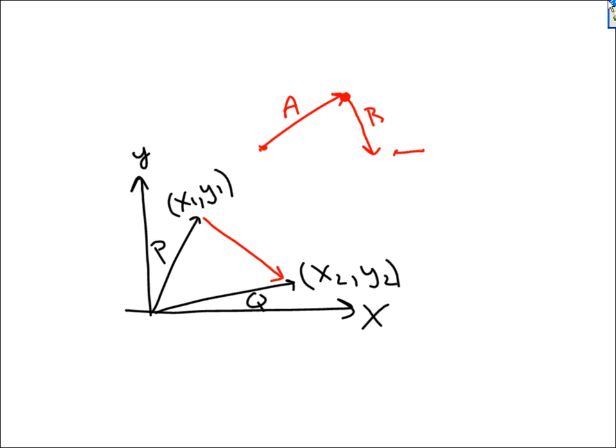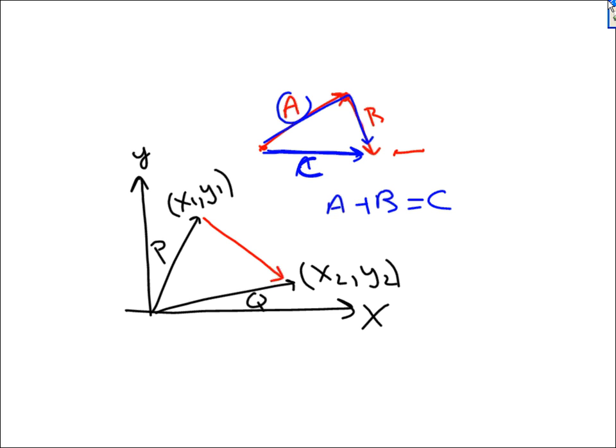Well then, call this vector C. Then A plus B is the same as C. Those 3 vectors have to add up.